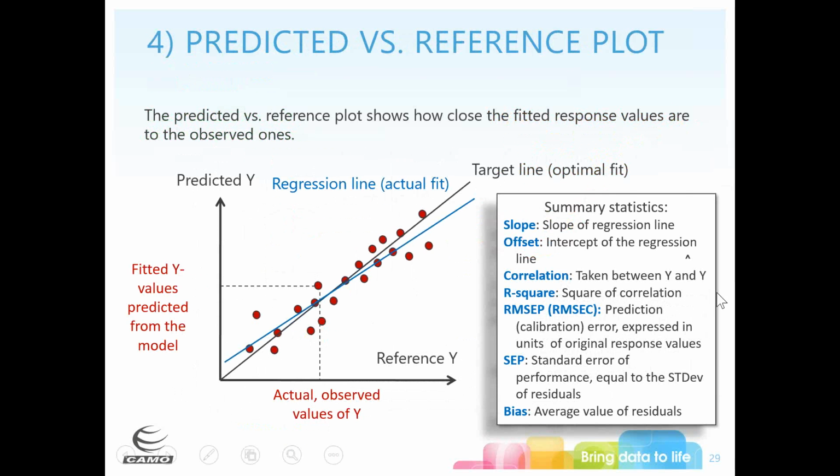And this is where we get our summary statistics that give you the slope of that line, your offset, your correlation, R-squared, your error rates, bias, all of those things that when you're reporting to agencies or if you're writing a paper might be things that you include. Often RMSEs, those are the ones that you wind up reporting for a model.